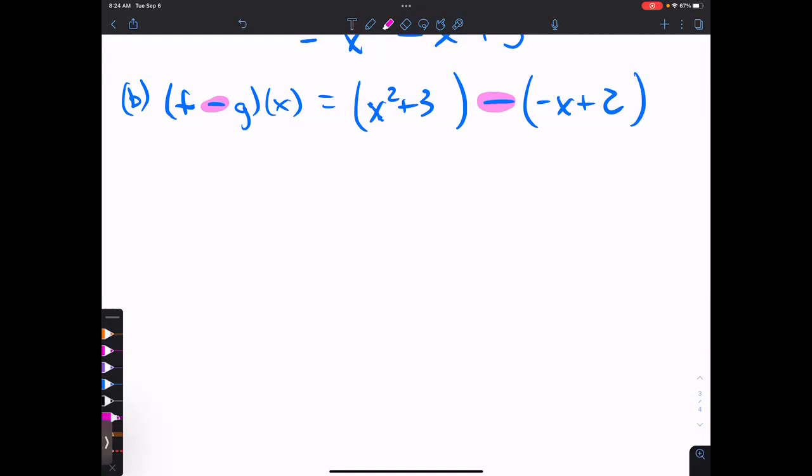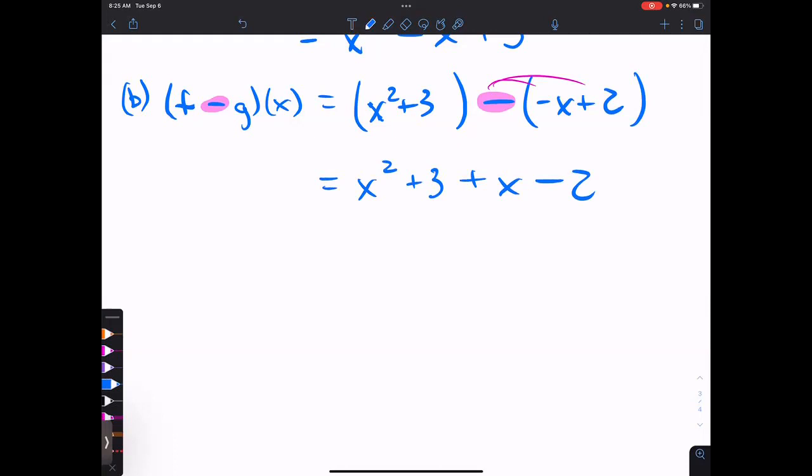So subtracting a quantity, what do we do? Yeah, flip all the signs, right? Or distribute this if you want to think about it that way. X squared plus 3 minus negative x becomes plus x, and then minus positive 2, so minus 2, right? And then look for like terms to combine.